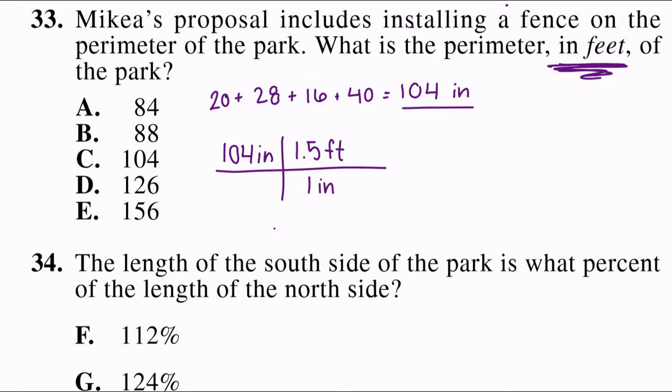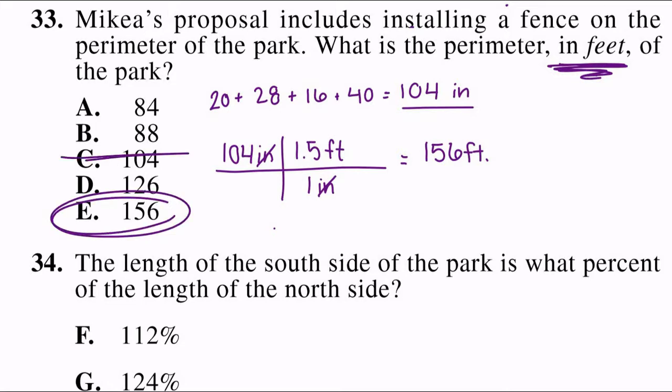So we can use dimensional analysis and cancel out our inches for our units, and we'll multiply 104 times 1.5, which gives us 156 feet. So our answer is E, not C, because that is our answer in inches, not feet. So our answer to number 33 is E.